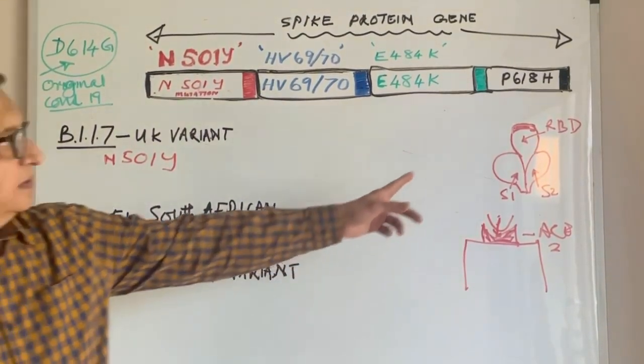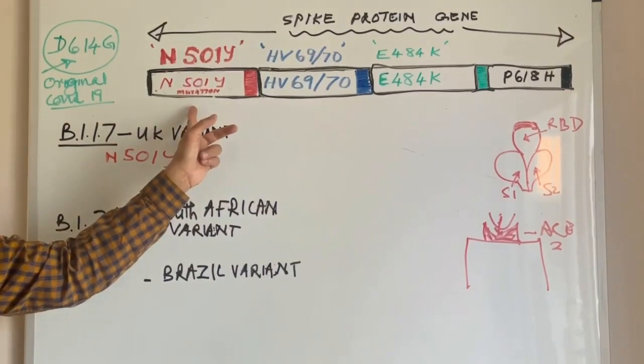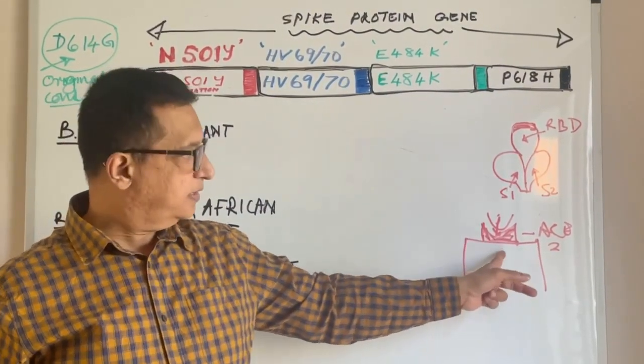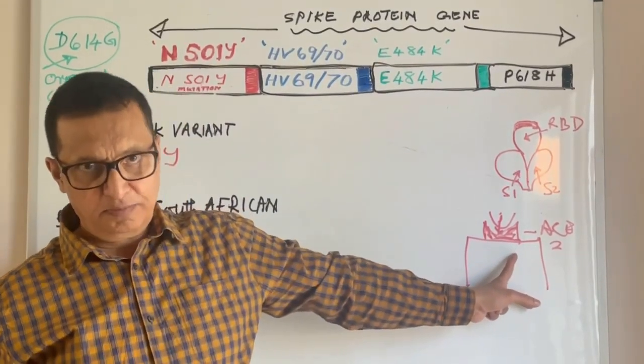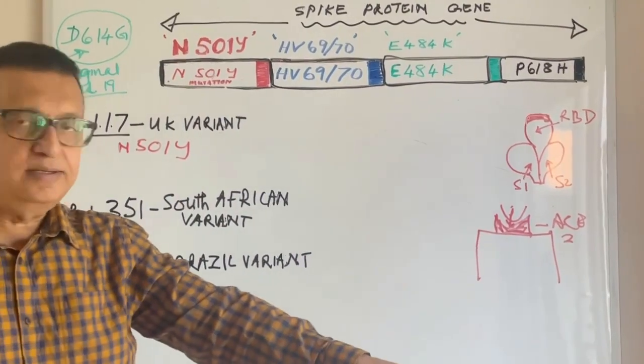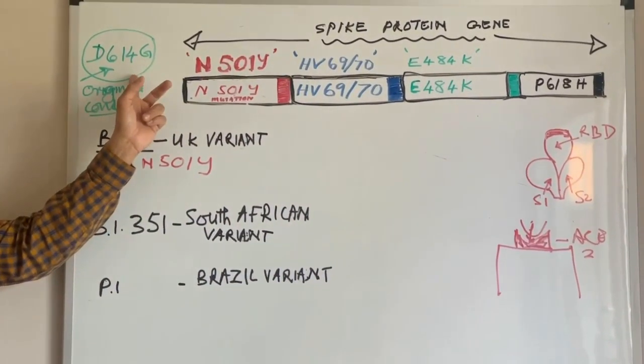So this spike protein with this mutation becomes more attachable to the ACE2 receptor, by which the entry into the host cell is stronger than the wild variant.